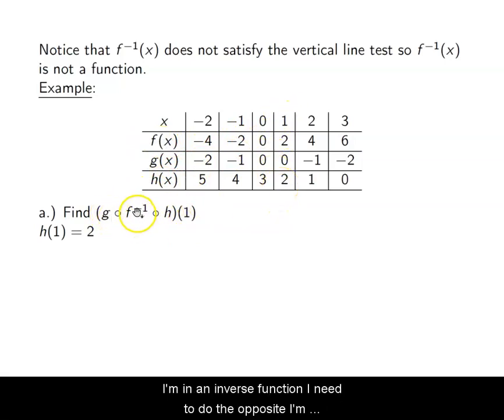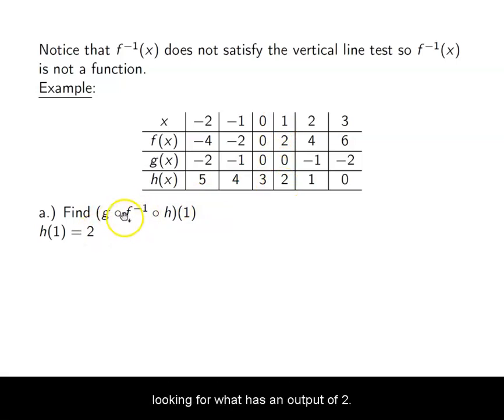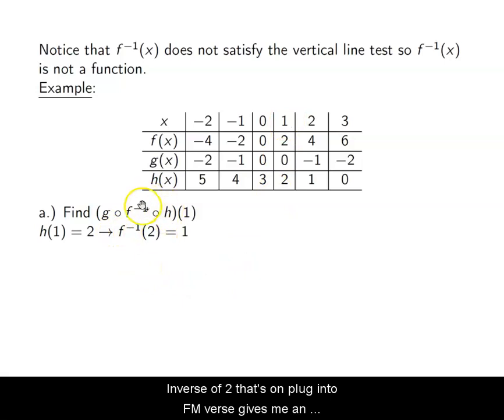Now, since I'm in an inverse function, I need to do the opposite. So I go to f of x, and it has an output of 2 when x is 1. So f inverse of 2 gives me an output of 1.